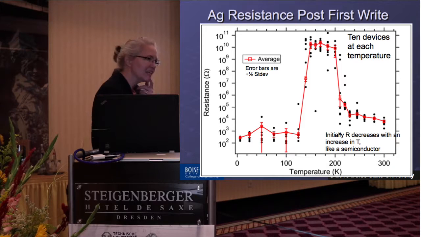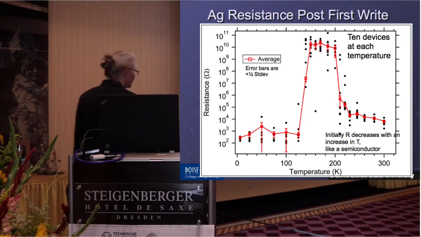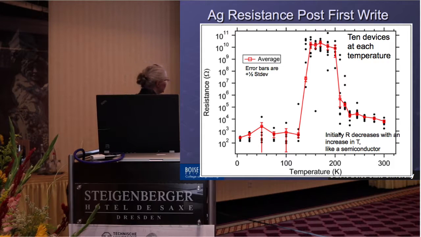This is the resistance after the first write for the silver case. And in this case, notice your resistance is actually going down as you increase your temperature. Anybody know what that looks like? Semiconductor or metal, it's basically semiconducting behavior.